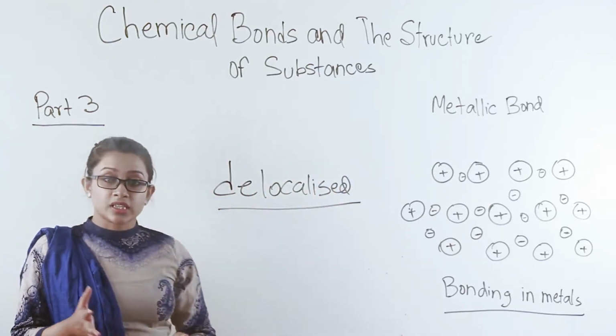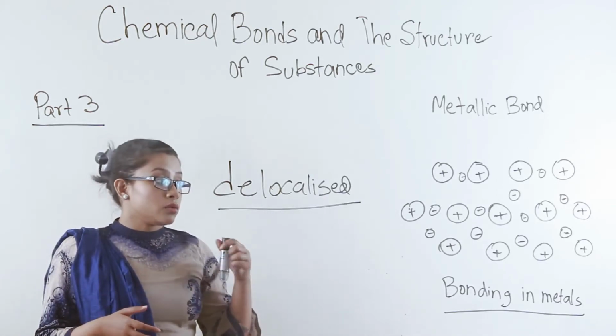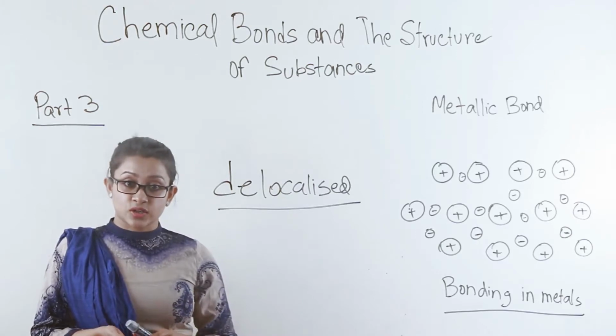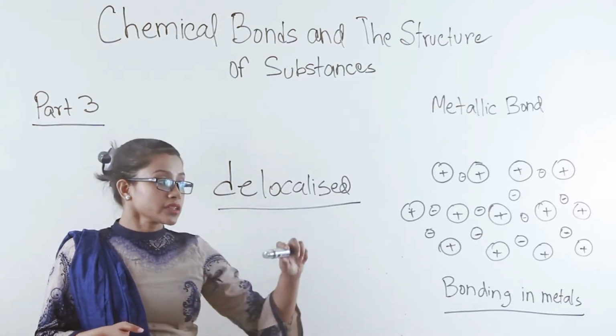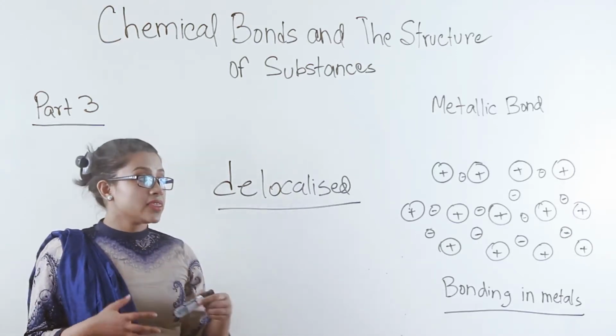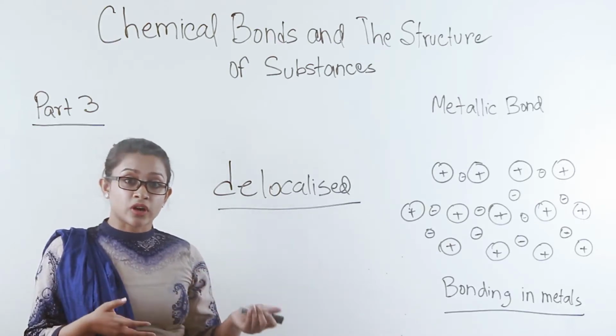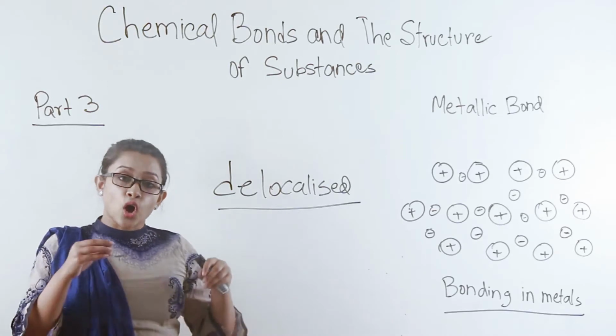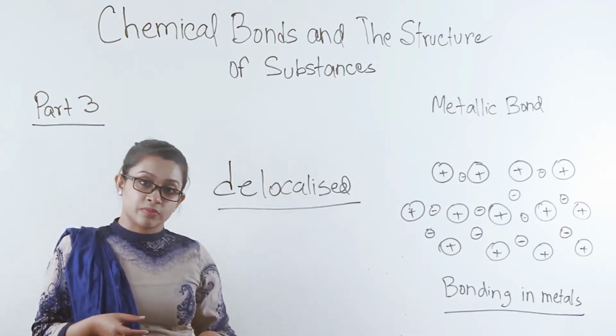Their numbers are higher than the positive ions, so due to their number and their ability to move around, they are also known as a sea of electrons on which the positive ions are embedded.